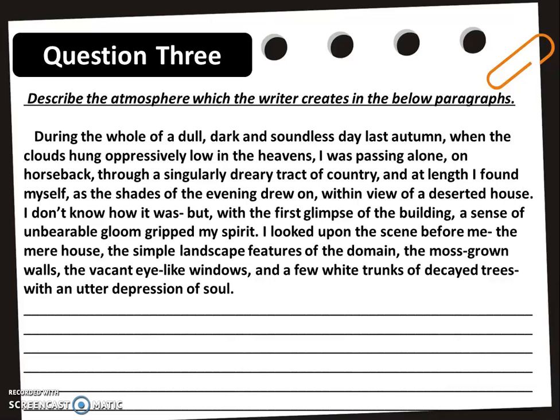Underline anything related to the setting, and then based on the following three elements, imagery, word choice, and setting, you can answer the mood or the atmosphere created in you. Take your time, answer the following question, and thank you.